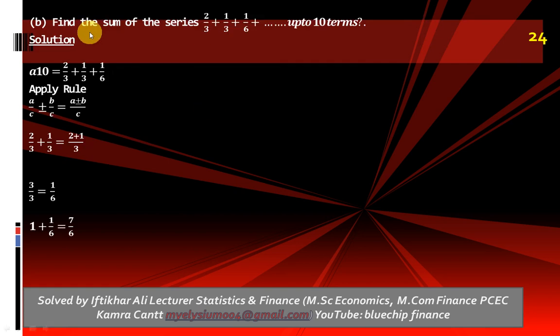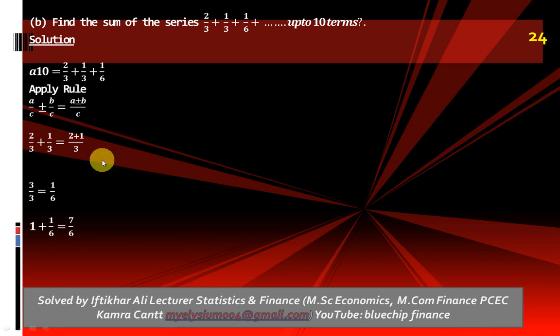Part B: find the sum of the series 3 by 2 plus 1 by 3 plus 1 by 6 up to 10 terms. So 10 terms, alpha 10 will be equal to 2 by 3 plus 1 by 3 plus 1 by 6. Apply rule. What is the rule?